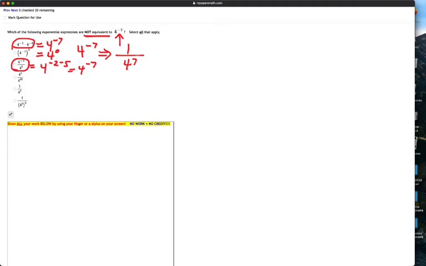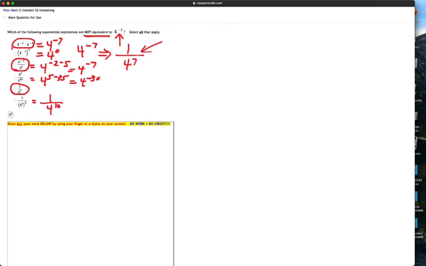When we are, once again, dividing expressions with the same base, we subtract exponents, but clearly the top exponent minus the bottom exponent is not negative 7, so that one is not equivalent. We can see that 1 over 4 to the 7th is equivalent because it looks like that. And then in the bottom one, when you have a power to a power, you multiply exponents. Well, 2 times 5 is 10, so that one is not.